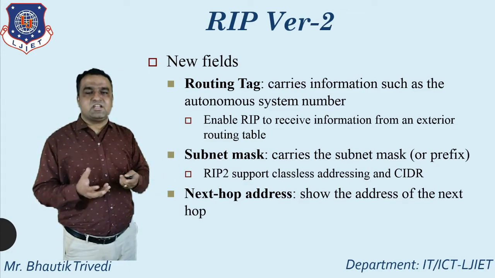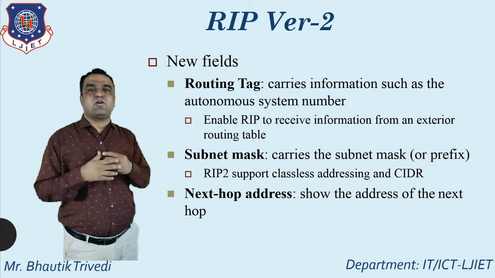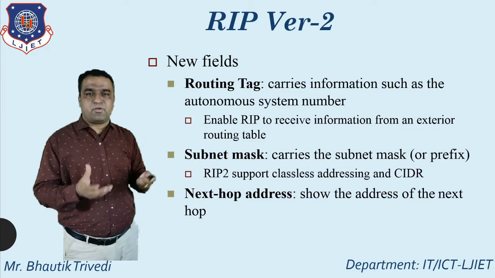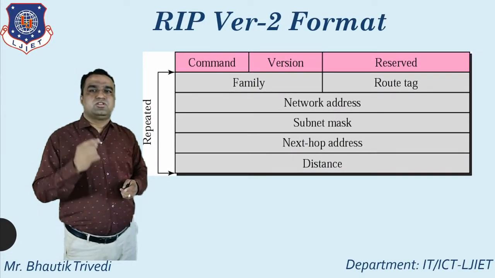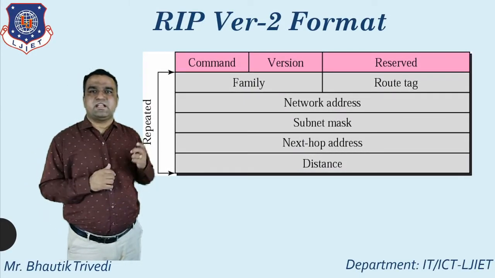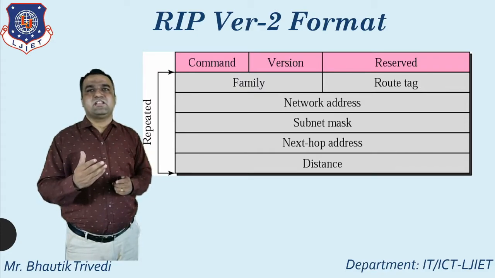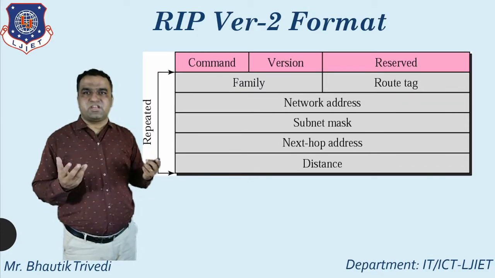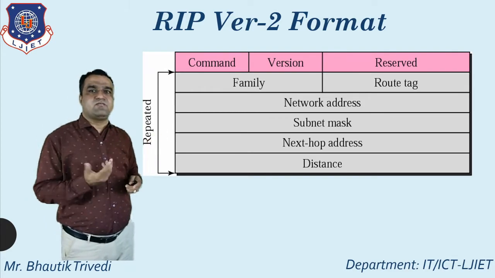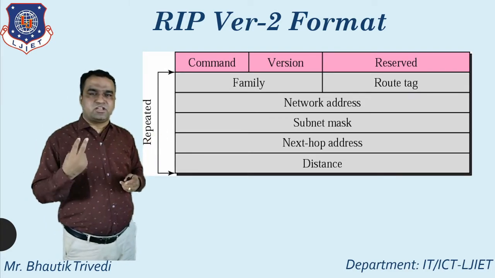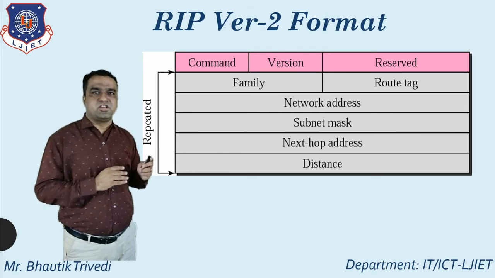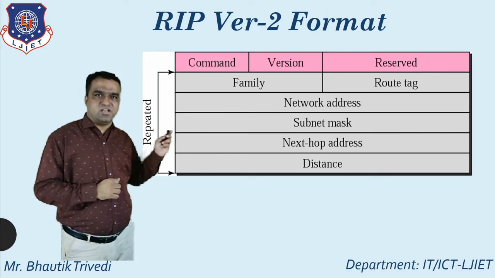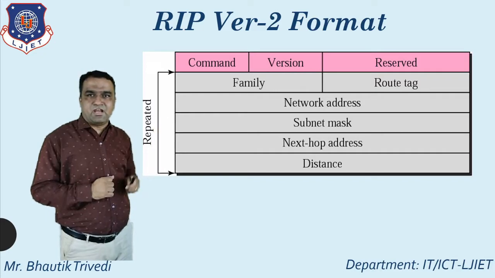How do I set this in a particular message format? You just see the diagram. All of you know field number 1 in RIP is the command. Command is used with either a request or a response. Second, the version. RIP supports two versions, either version 1 or version 2. Then the reserved field, then the family.